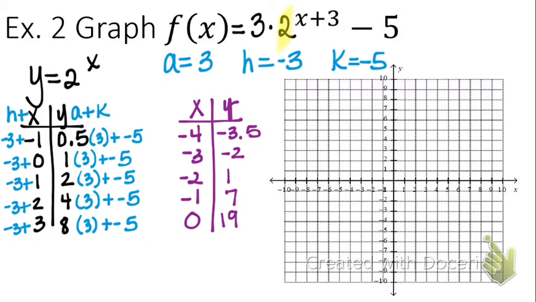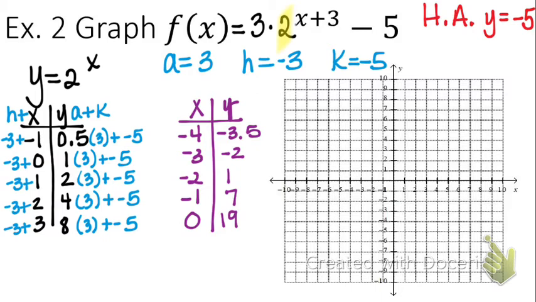Is that what you all got? All right, so where's the horizontal asymptote for this graph? Y equals negative 5. I'm going to write this at the top. Horizontal asymptote is at y equals negative 5.